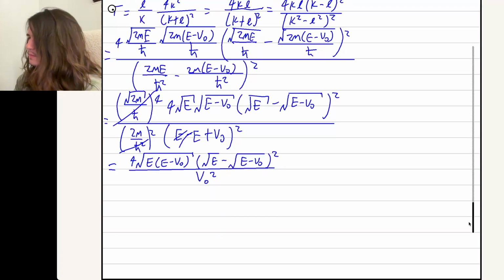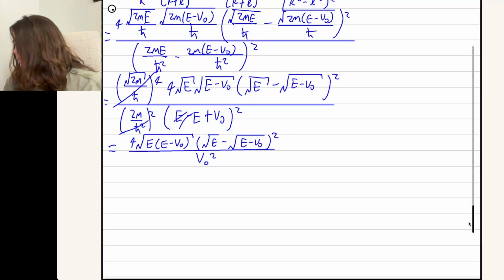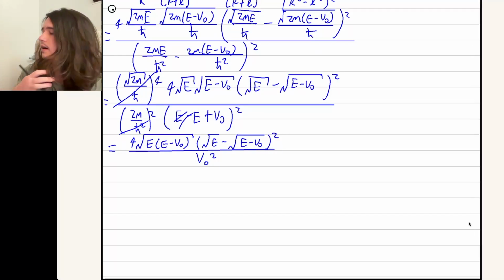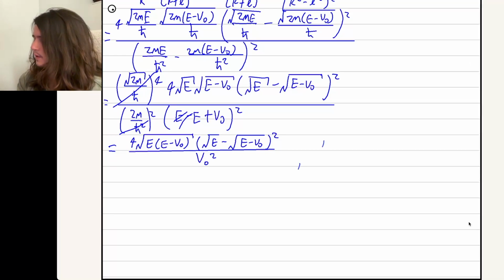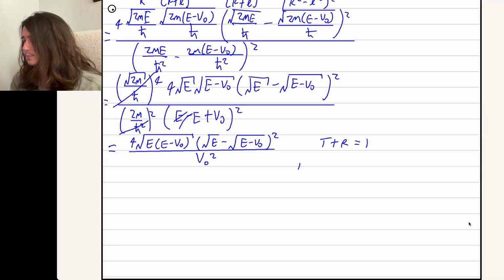Cool. Last thing Griffiths has us do is check this equation that T plus R is equal to 1, which it has to for normalization purposes. So we have T now, so let's write that out.